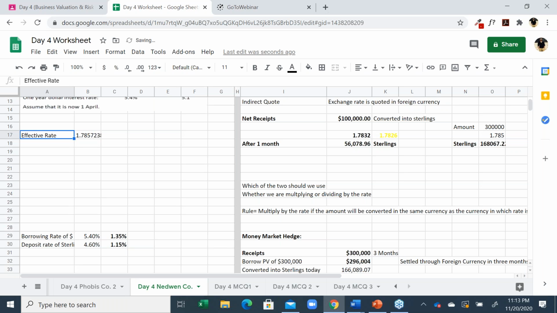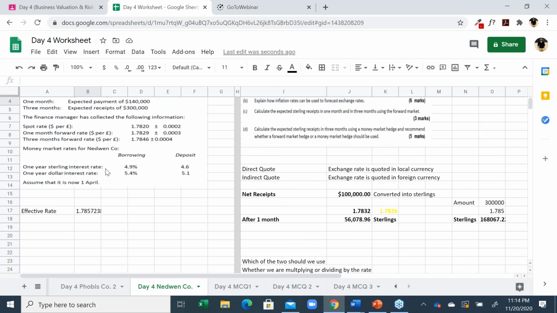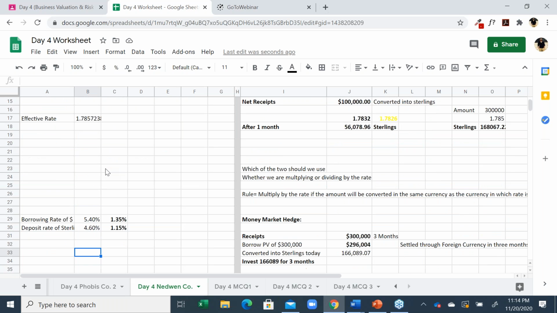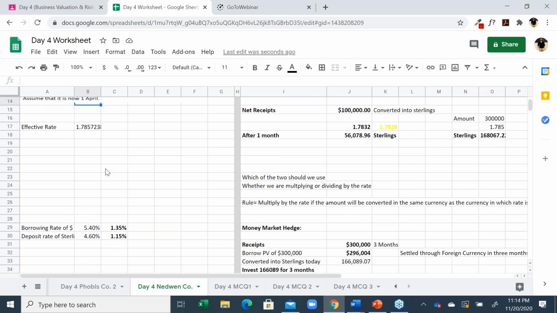Now, like we calculate the sterlings in case of forward rate, we should calculate it in the same way, but we will be using this rate now. What was the amount that we will be receiving in dollars? 300,000.